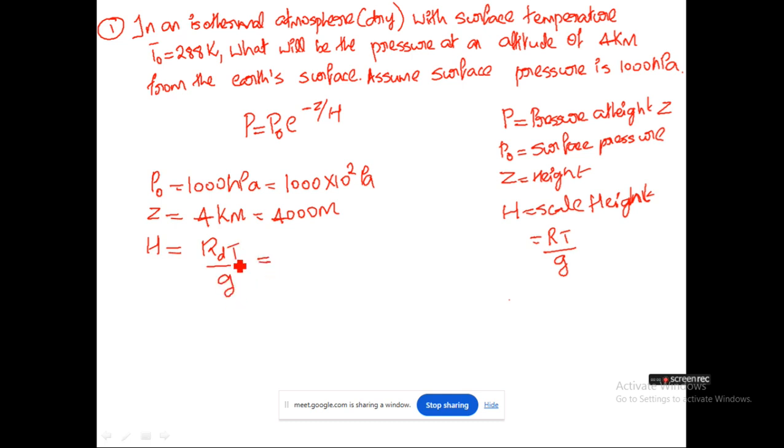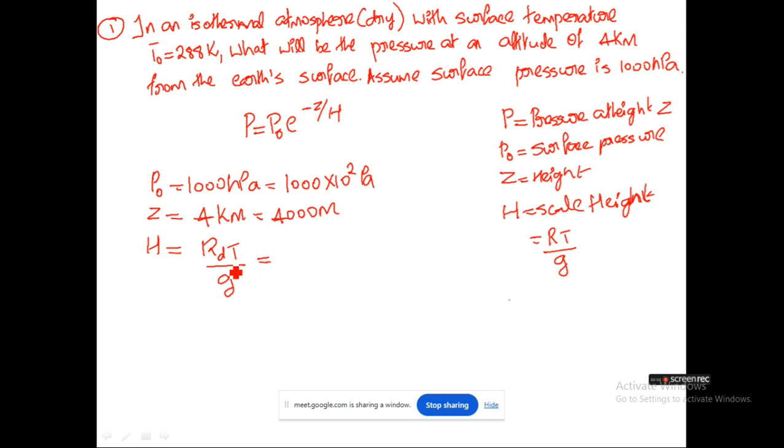Why did I write RD? Because D represents dry air. What is the value of R? R is the specific gas constant that we learned in the last class, which is different from the universal gas constant R, which has a value of 8.314. RD is the specific gas constant, which has different values for the gas we are considering.